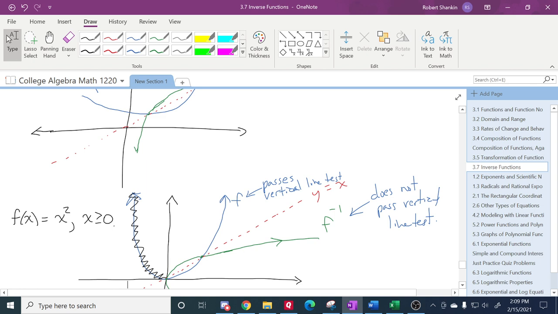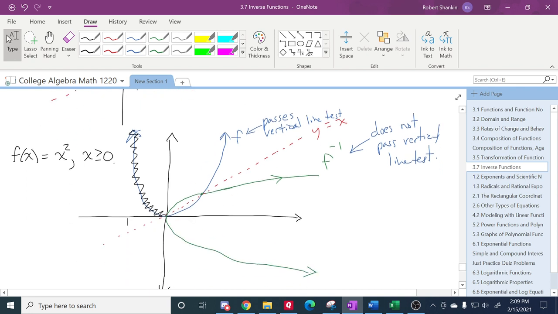What happens for inverses is that when you reflect a horizontal line across the line y equals x, it becomes a vertical line. So if the original function didn't pass the horizontal line test, the inverse function won't pass the vertical line test.